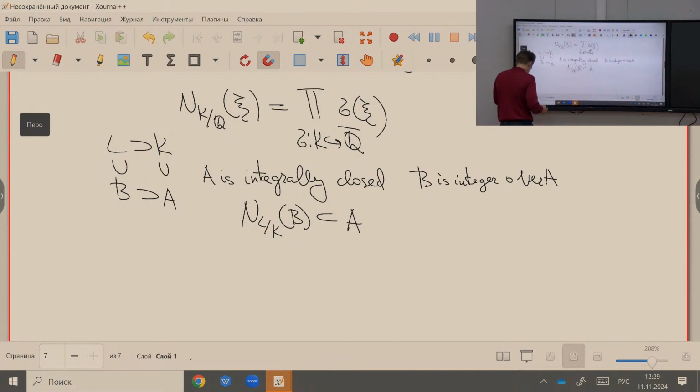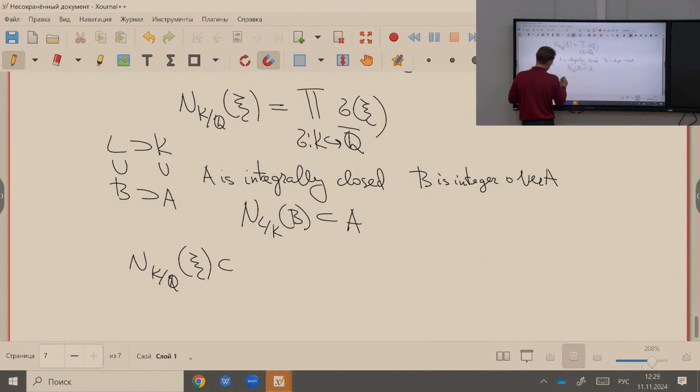So this means that in our case, the norm of K over Q is really an integer number, and this is equal to the norm of the corresponding ideal.